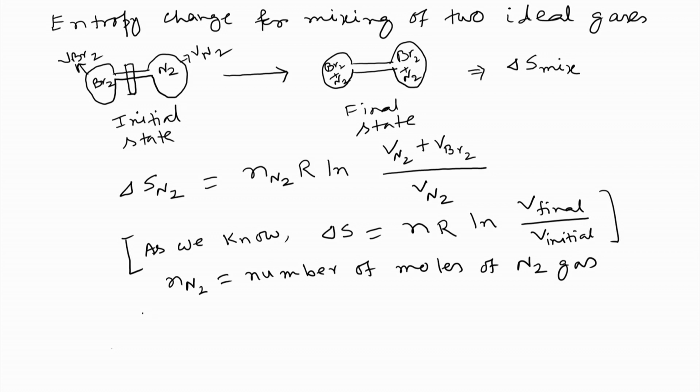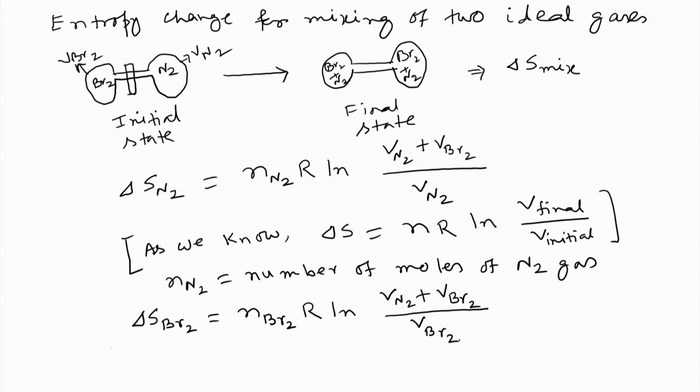What about the entropy change for bromine gas? We say this is delta S Br2. In a similar manner, we can write, right.